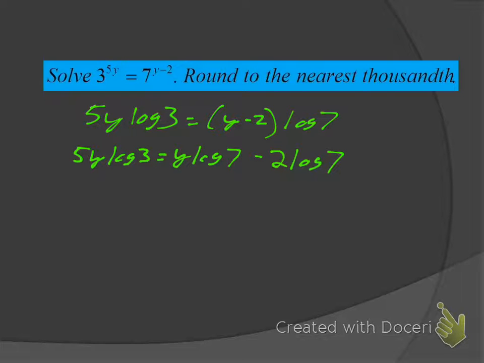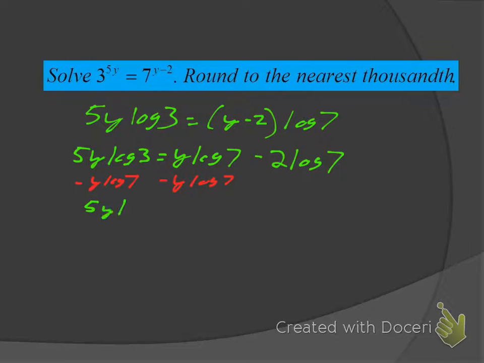Okay, good. Now, what I want you to do right now is look at this equation and ignore your logs. So let's say we had 5y equals y minus 2. What would we do next? Subtract the y. What do we do next up here? Subtract y log 7 from both sides.